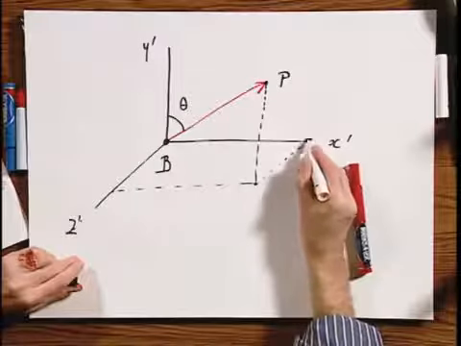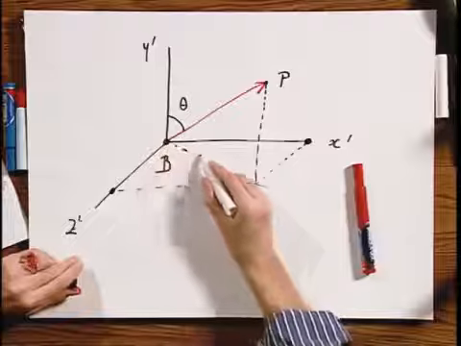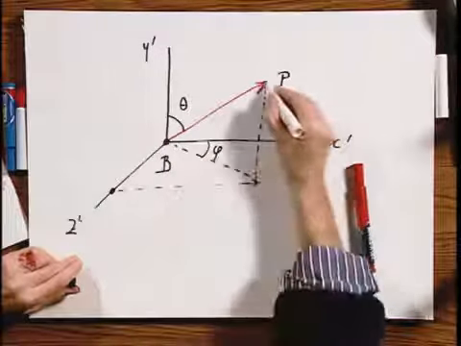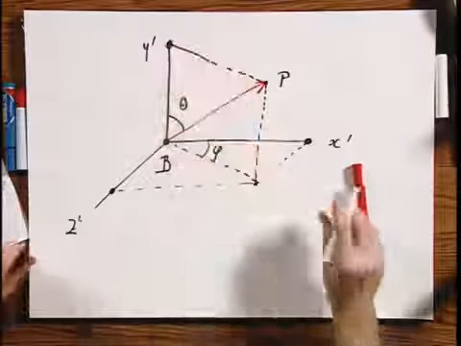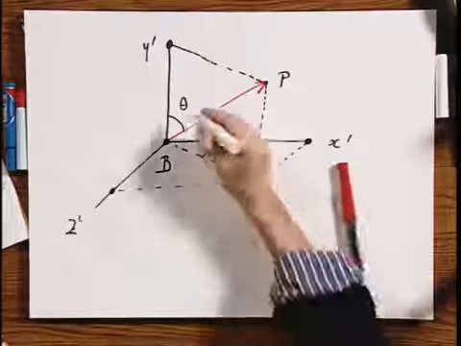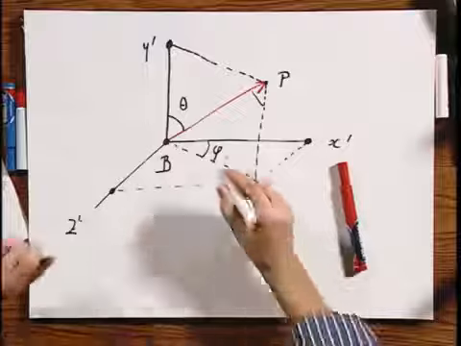This is the x prime position. This is the z prime position. Let's call this angle phi. And so this is the y prime position of P. If this angle is theta, then of course this angle here is also theta.